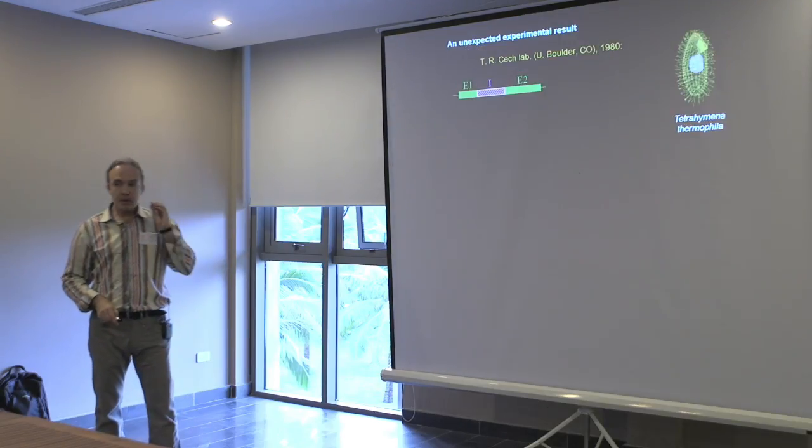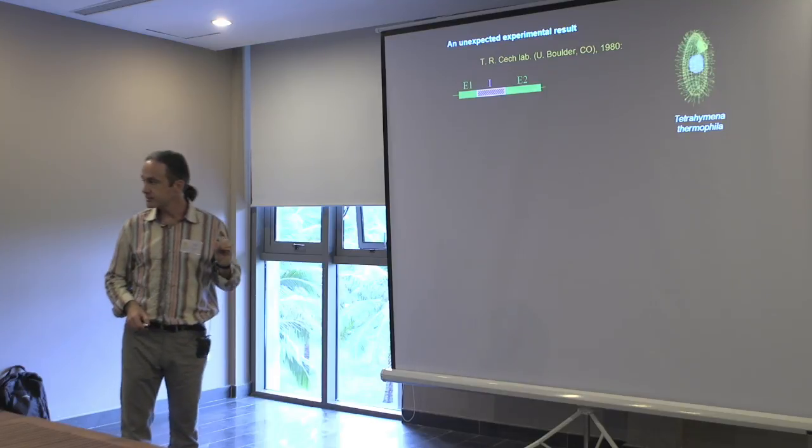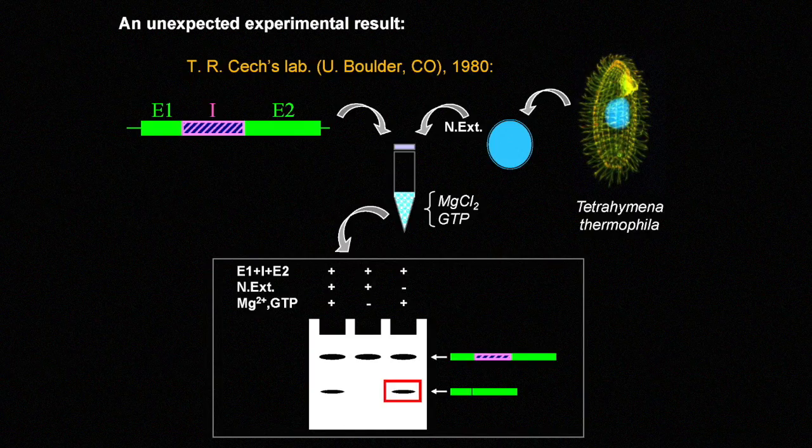But a very nice discovery was done in Tom Cech's lab in 1980. They were working with this eukaryote, Tetrahymena thermophila, that they knew had a gene formed by exon 1, exon 2, and one intervening sequence, an intron. They extracted the nucleus, and from that nucleus discarded the DNA and RNA and took only the ribonucleoproteins, the spliceosome proteins.